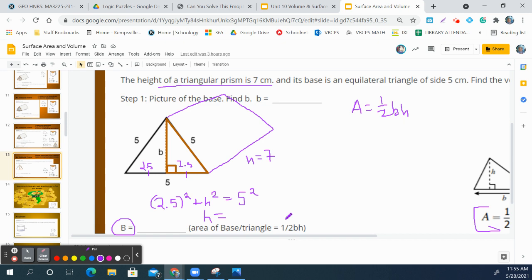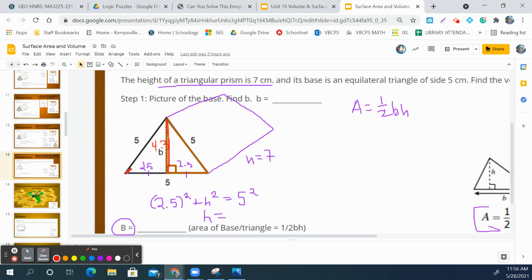So 25 minus 2.5 squared is 18.75. And then I can take the square root of that. Anybody got the height? So this height right here is 4.3.